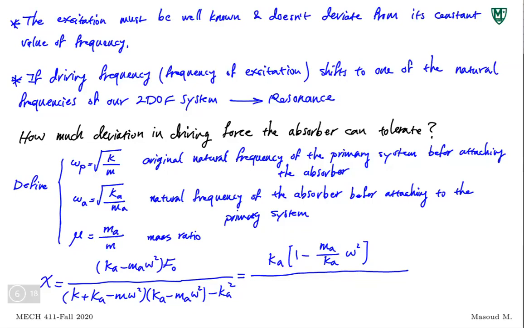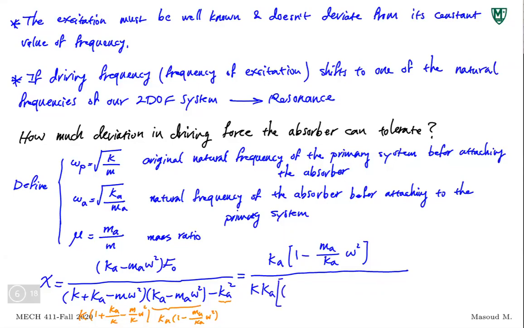I'm going to take 1 Ka out of this, and this becomes 1 minus ma over Ka omega squared. I'm going to take a K out of this, and this becomes 1 plus Ka over K minus m over K omega squared. So I take 1 K and Ka from the first term, and for the second term I'll do the same thing: take 1 K and 1 Ka out. So that becomes K, Ka.